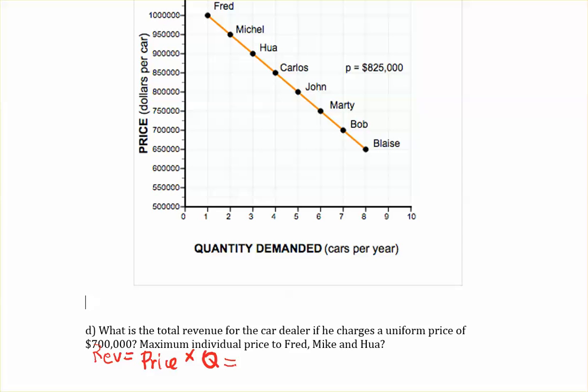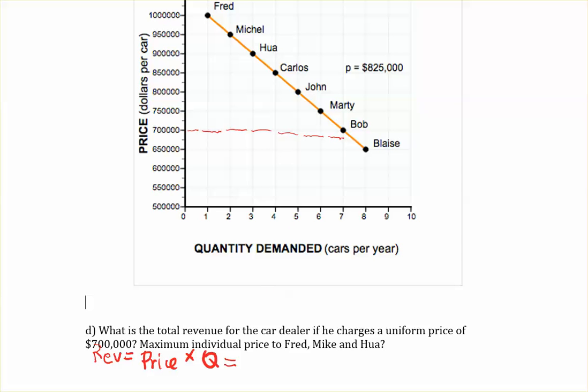In order to know the quantity, we need to go back to look at our diagram. When the dealer charged the uniform price, that will be here. At $700,000, that means Fred, Mike, Michelle, Hua, Carlos, John, Marty, and Bob can all afford to buy the car.